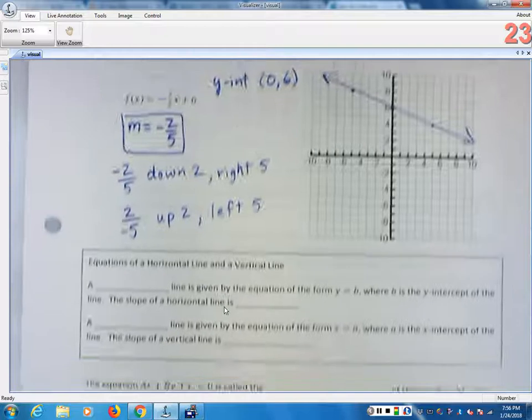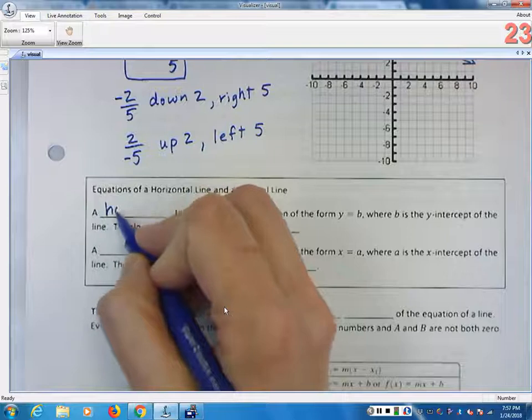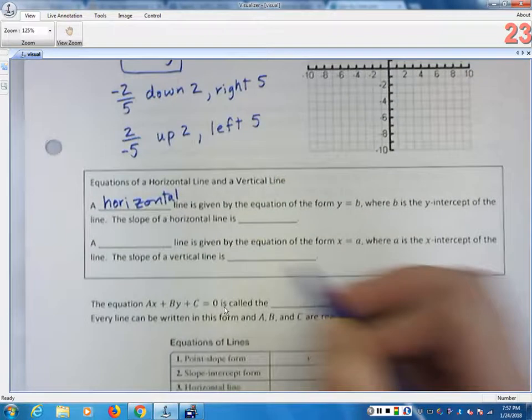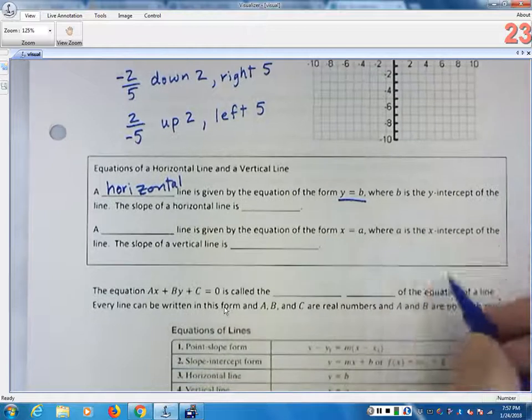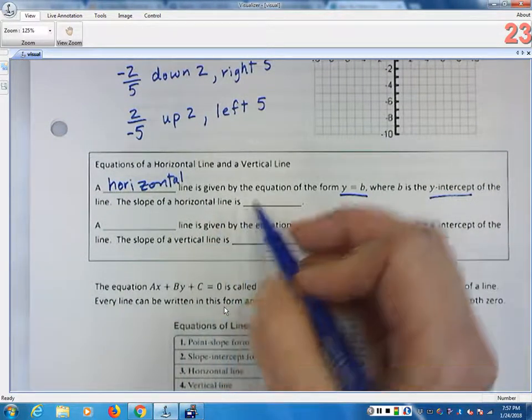All right, equations of horizontal and vertical lines. I already went through that. A horizontal line, and you need to know these, is y equals b, where b is the y-intercept, and the slope of a horizontal line is 0.